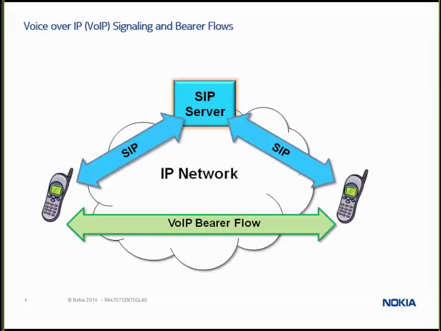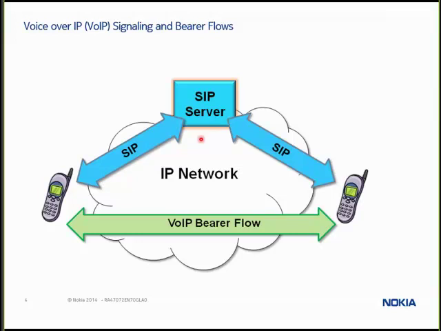So before you get into the protocols, can you go into what is voice over IP and what it looks like? Voice over IP is a protocol where we have signaling protocols. That signaling protocol is what we call SIP. So here we have signaling protocols.